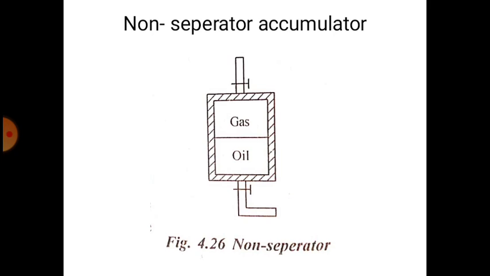When you start the system, the oil will start to enter the accumulator and the gas is compressed. Same here, when there is a power failure or pump failure, the gas will expand and the oil will move towards the actuator from the accumulator to complete the remaining work.